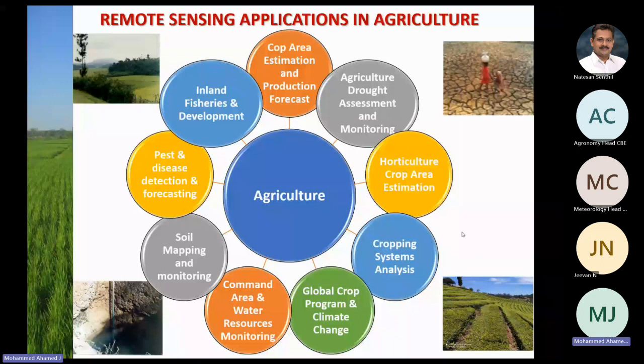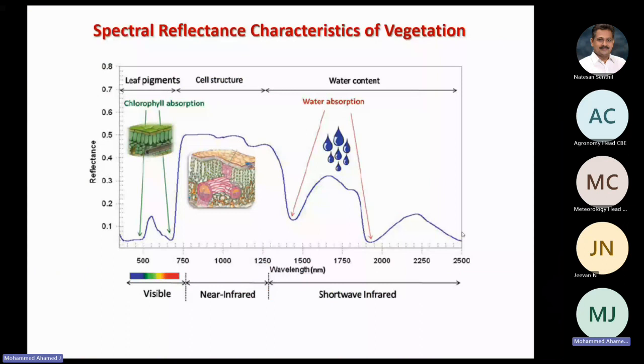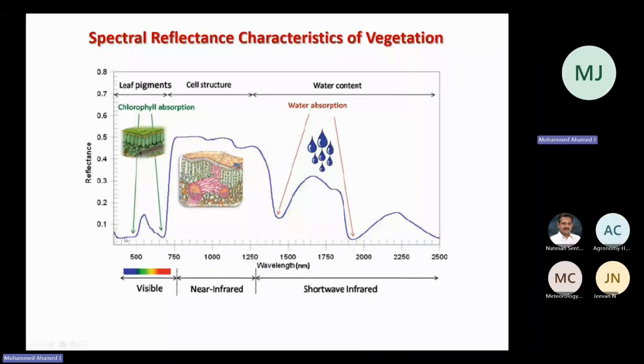As you know, this is the standard graph of spectral reflectance characteristics of vegetation. When we study this entire spectrum from 400 to 2500 nanometers, we know that in the visible spectrum, due to chlorophyll absorption up to 500 and post 600, we have dips, and because of leaf pigment and the presence of chlorophyll we have a peak here.